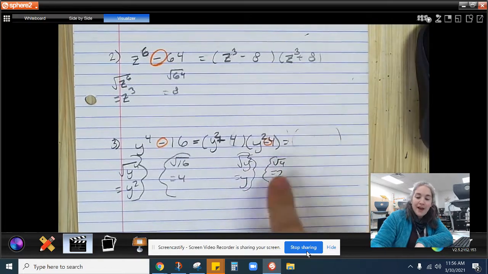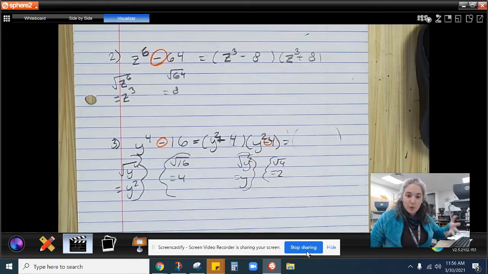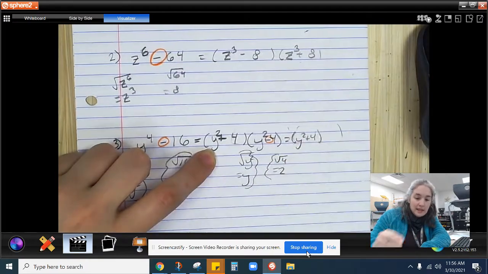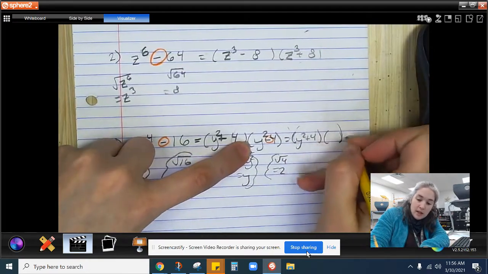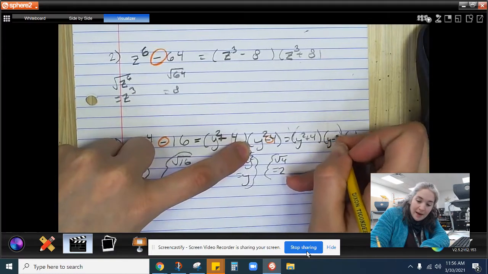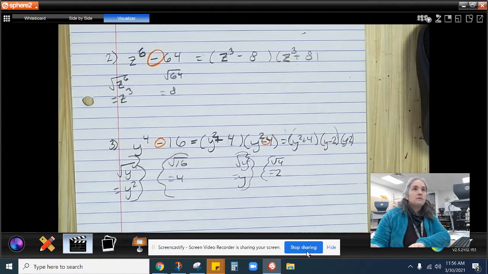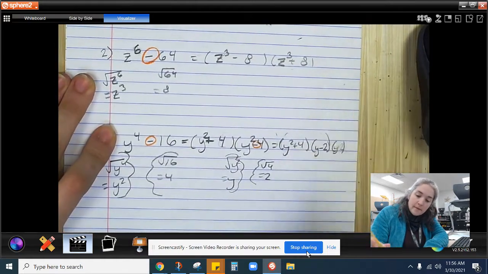So I can actually factor this one further. Kind of cool, right? My y squared plus 4 is just going to stay there, but the other one can turn into y minus 2, y plus 2.